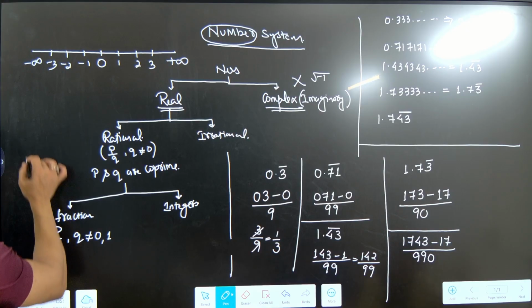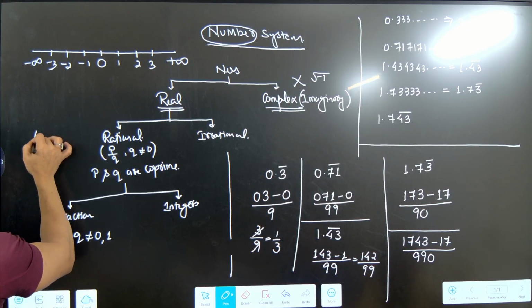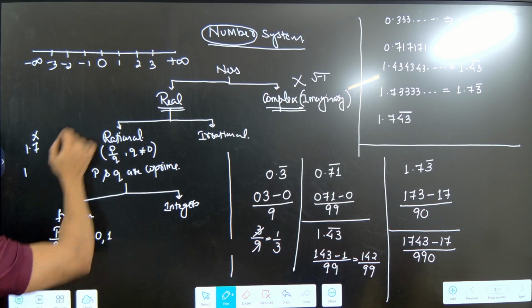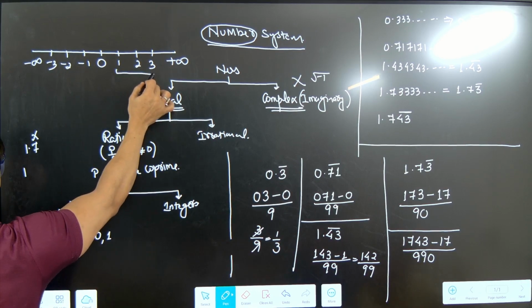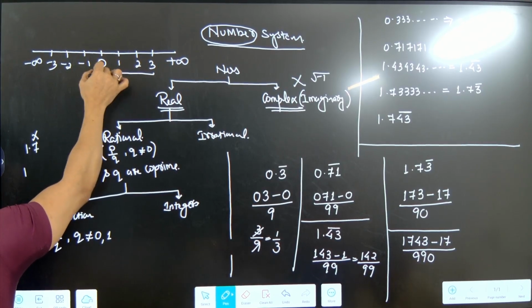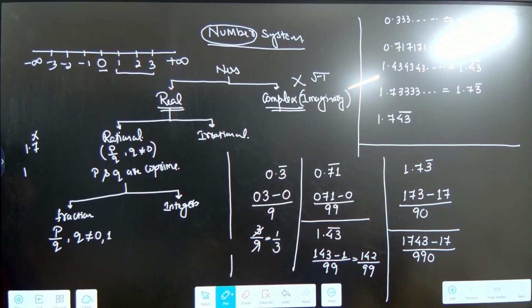For example, 1.7 is not an integer. 1 is an integer. So integers are those numbers which you will write on the number line, right? You write basic numbers on the number line, 1, 2, 3, minus 1, minus 2. So integers are devoid of decimal sign. Right?